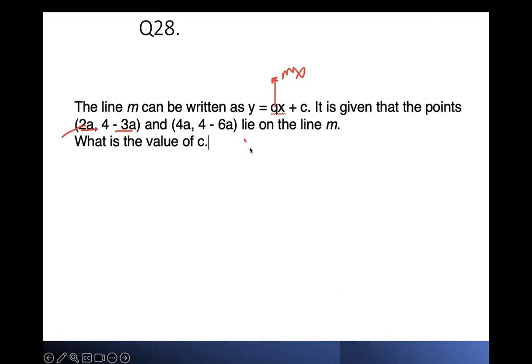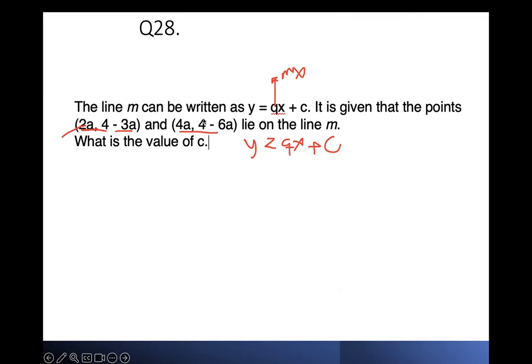Now, this is in the form of what? Linear equation, plus c. There's a gradient of q and the intercept of c. And it says these x and y values lie on M. Really? If they lie on M, then they should satisfy my equation.